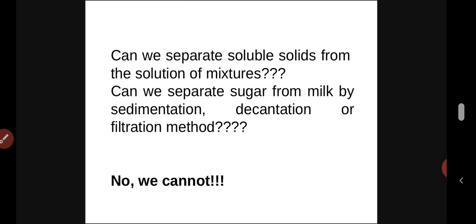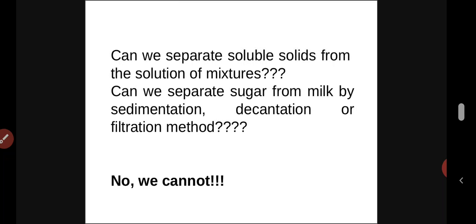So how can we separate these soluble solids? For example, can we separate sugar from milk by sedimentation, decantation or filtration? These are the three basic processes we discussed earlier, and they are used only in the case of heavy or light insoluble solids.